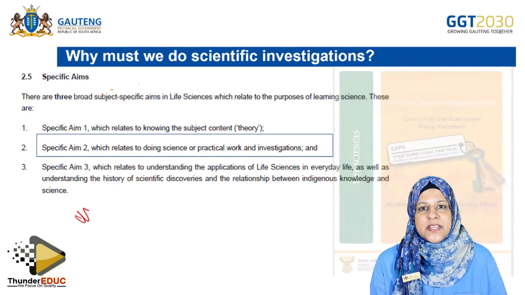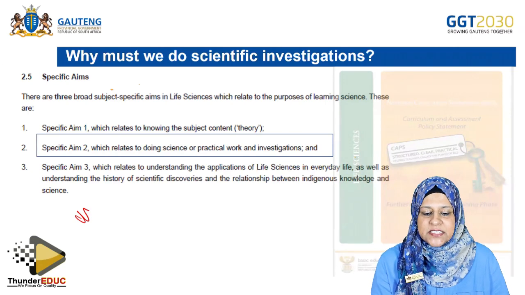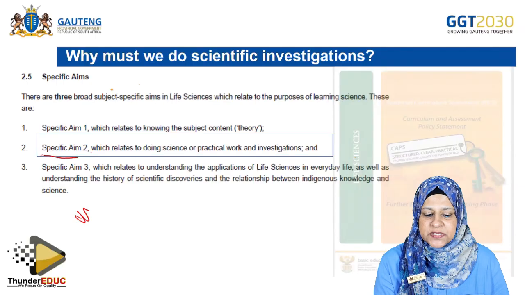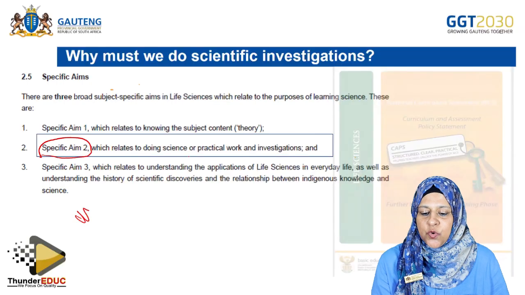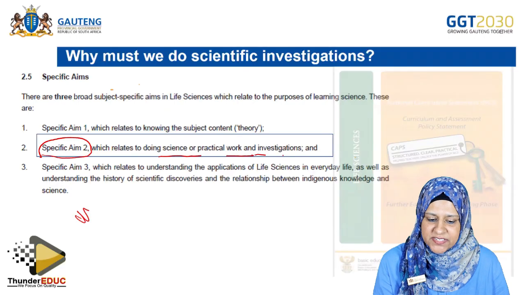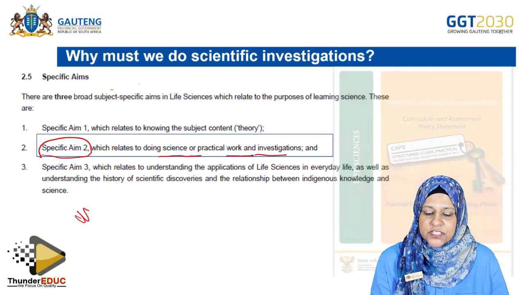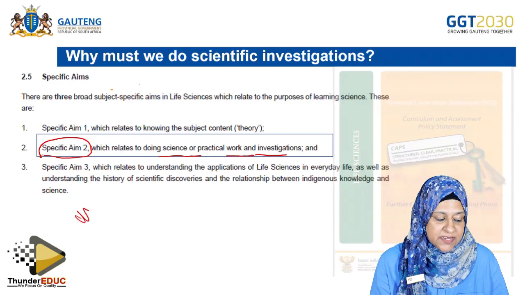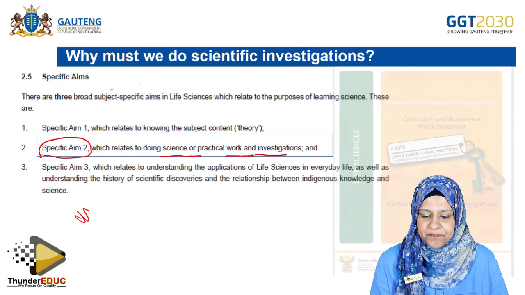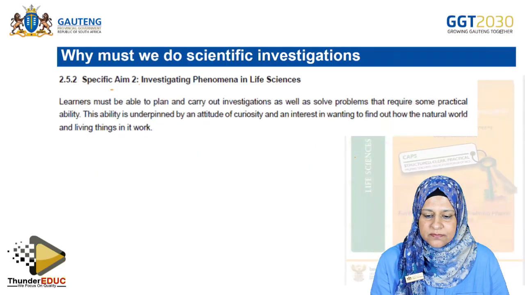So why must we do scientific investigations? Scientific investigations fall under specific aim 2, which requires us to do science, practical work, and investigations. So that is why we have to be involved in scientific investigations. Now, what is specific aim 2?